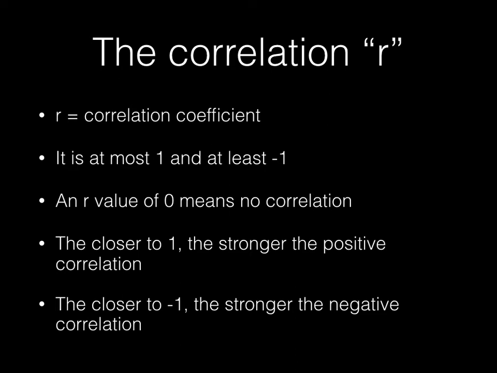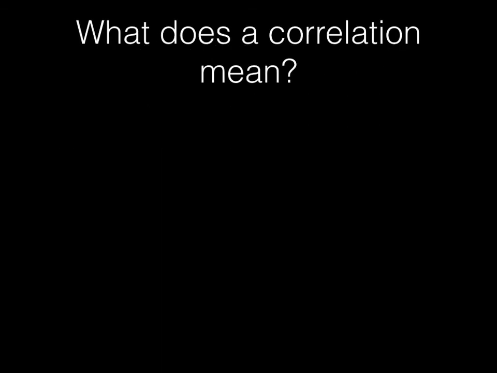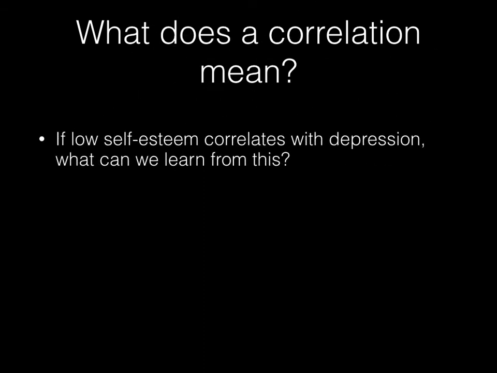Now, what's very important for you in this class is to be able to not just look at what a correlation is, but what it actually means. So what does a correlation mean? For example, let's say that low self-esteem correlates with depression. What does this mean? Most people, when they hear this, immediately start using the word cause.